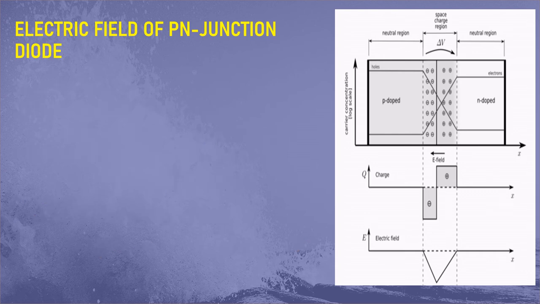So where does the maximum electric field occur? The maximum electric field occurs at x equal to 0.